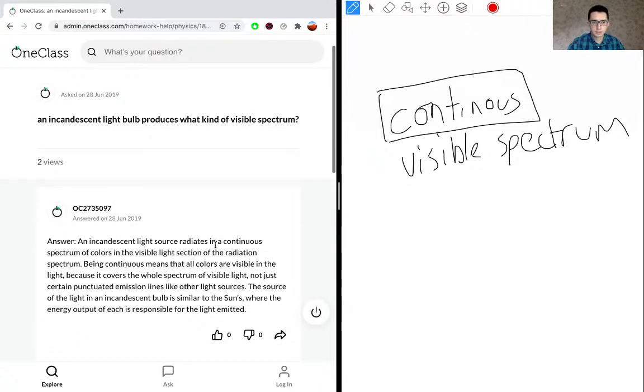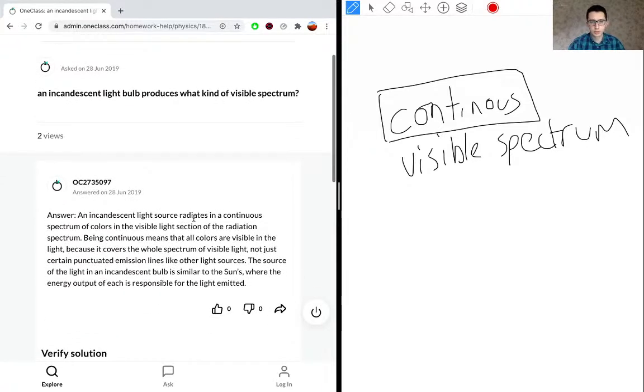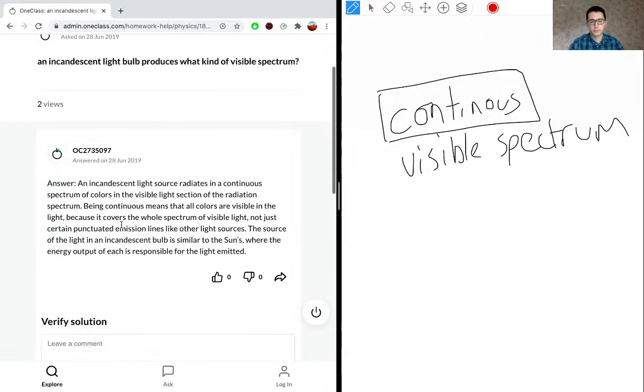So let's look at the attempted solution. An incandescent light source radiates in a continuous spectrum of colors in the visible light section of the radiation spectrum. Being continuous means that all colors are visible in the light because it covers the whole spectrum of visible light, not just certain punctuated emission lines like other light sources. The source of light in an incandescent bulb is similar to the sun's. So this is a complex explanation to the question.